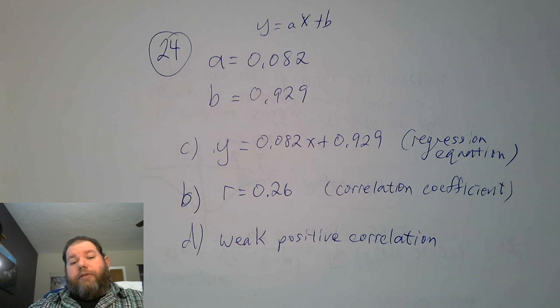Weak is less than 0.3, strong is greater than 0.7. I forget what we called in between. You can just call it normal. And it could be positive or negative, depending on the values. But yeah, that's all we have to do for the interpretation part, and that's the last question on the quiz there.